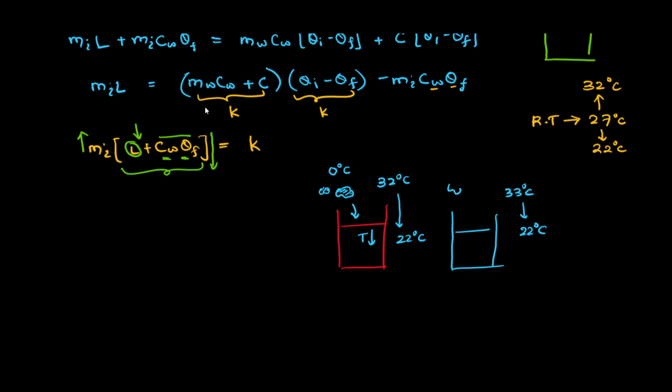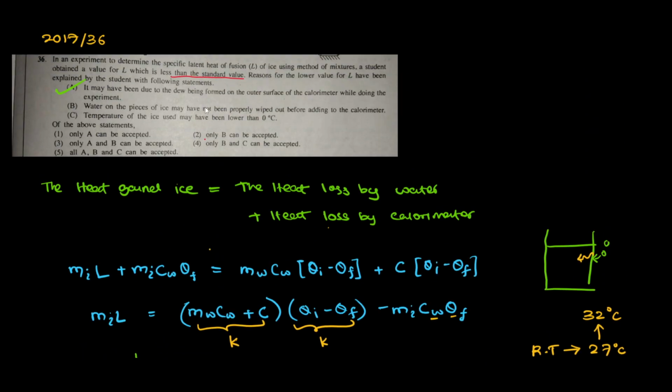So this time you have ice at 0 degrees Celsius and water at 0 degrees Celsius. To change the temperature from 32 to 22, you need a lot more, because when ice turns into water, it absorbs a lot of energy, but this time there is some water already, therefore you will need more ice. Therefore Mi is more, L is less. Then statement B is also an acceptable reason.